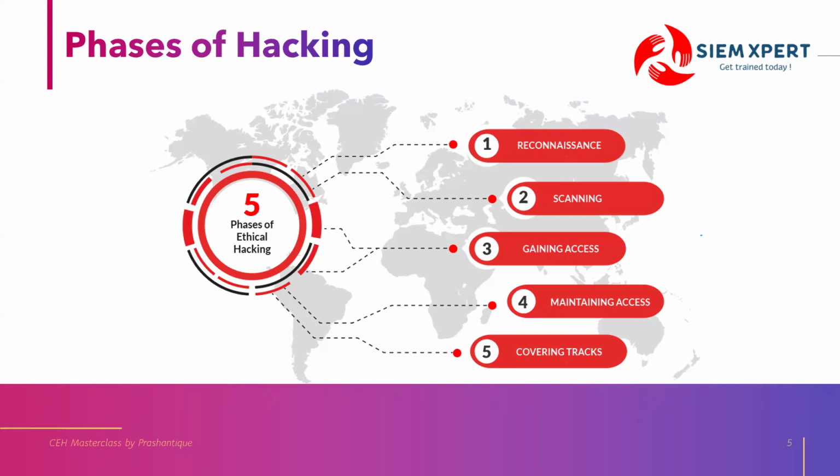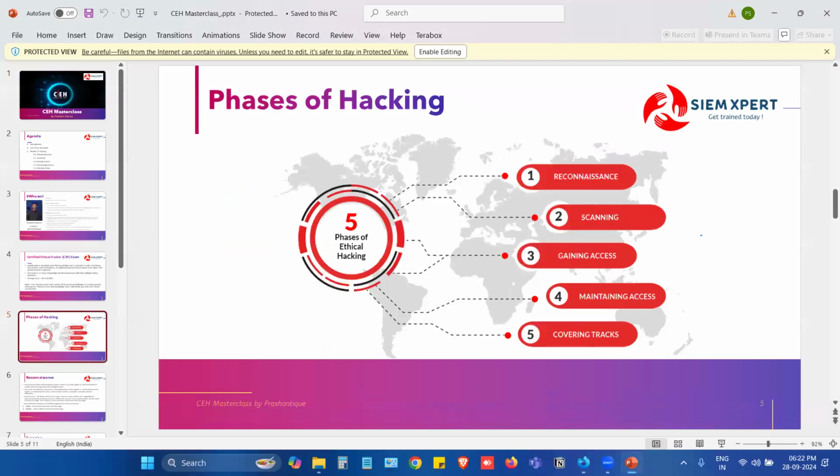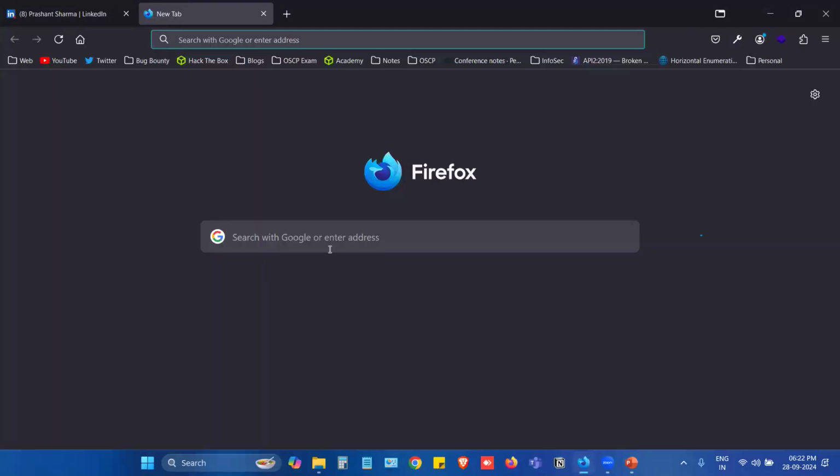The example would be, suppose there is a target, or you can say suppose there is a family. I'll give you a very simple example. Suppose there is a family, and I'm a thief. I'll just draw it somewhere.